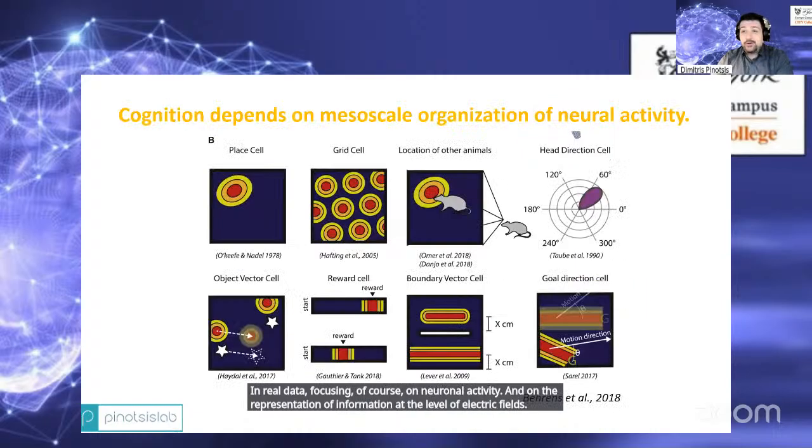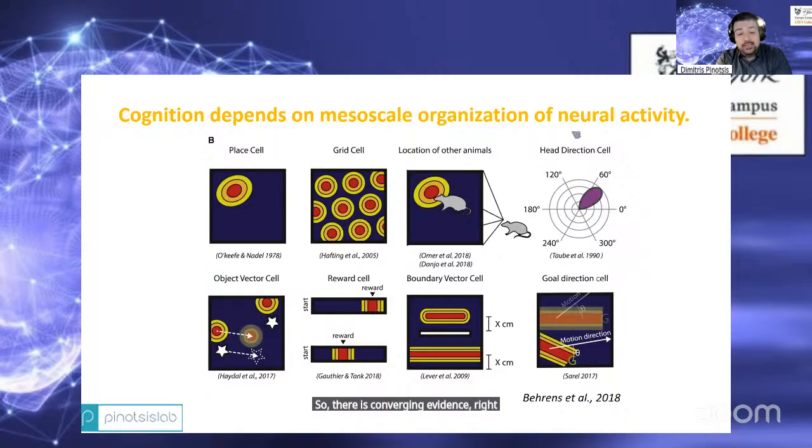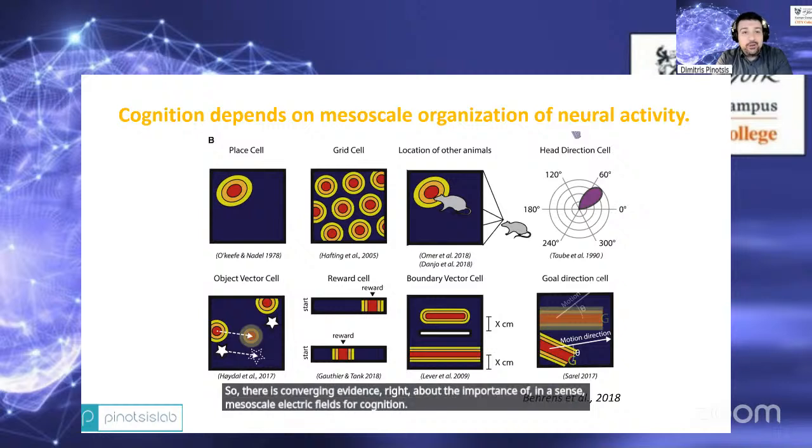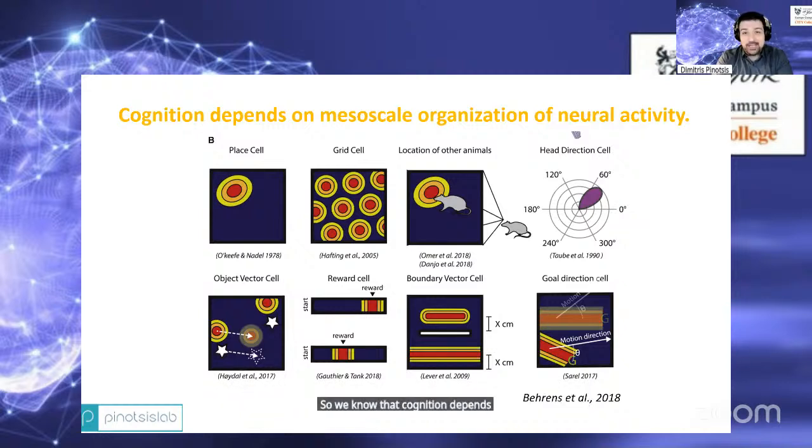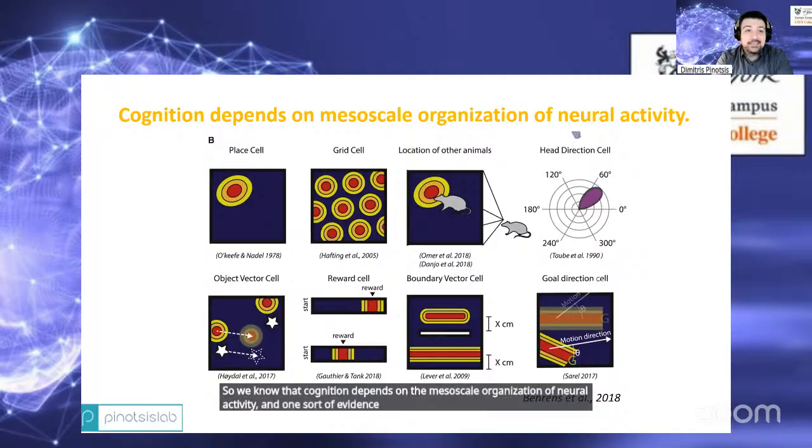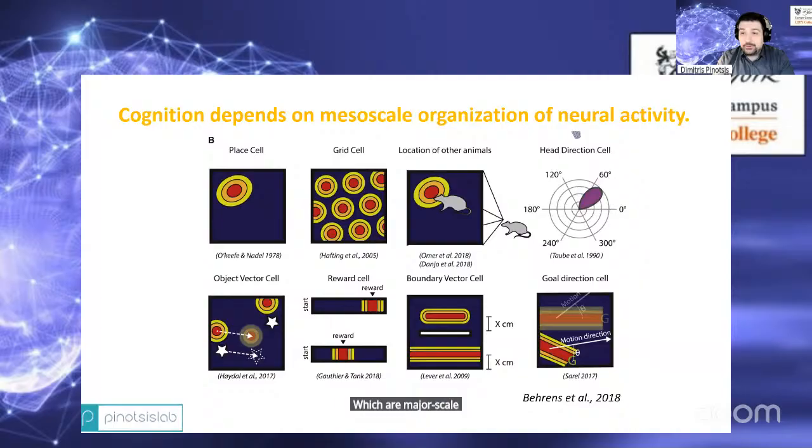So there is converging evidence about the importance of mesoscale electric fields for cognition. We know that cognition depends on the mesoscale organization of neural activity, and one sort of evidence for that is the existence of cognitive maps, which are mesoscale patterns that structure knowledge.